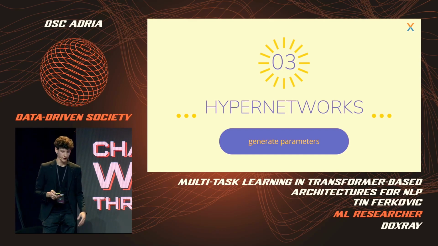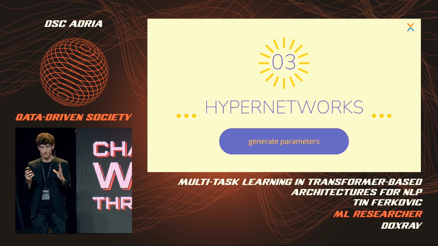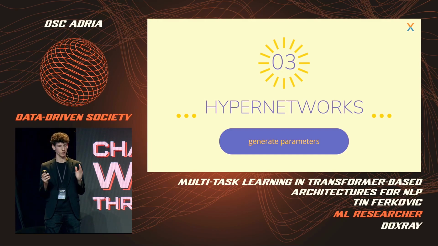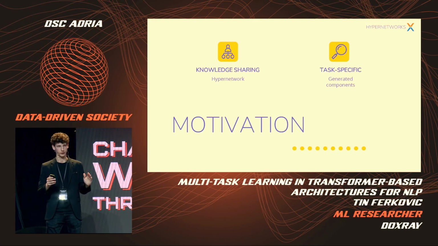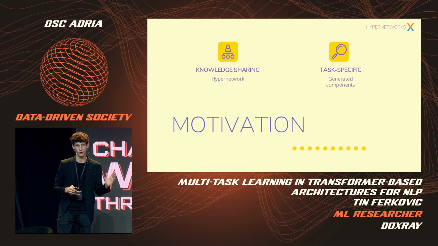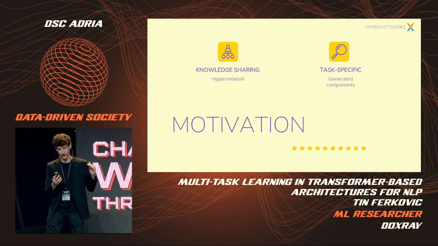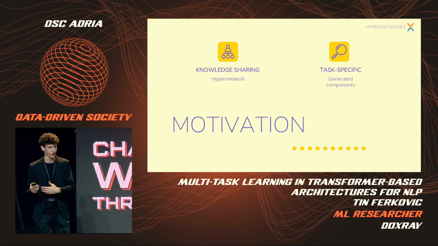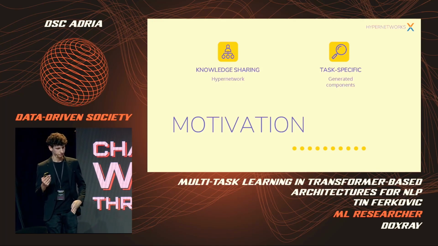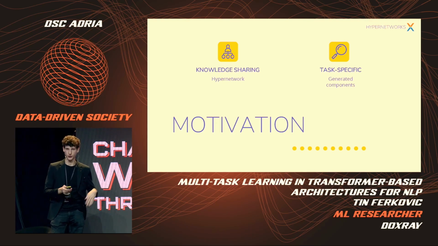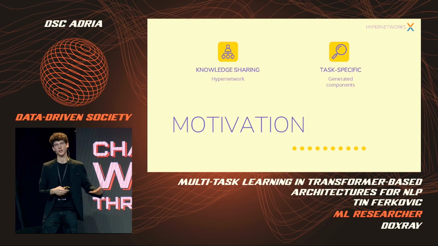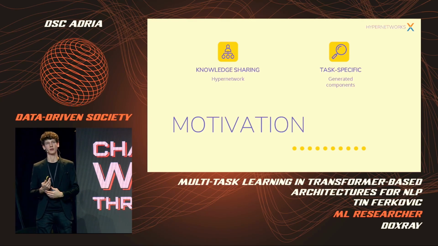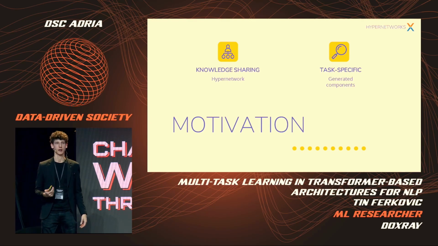And the idea is to have this hypernetwork, which will be shared, so the knowledge is shared, but also to have the task-specific components that are actually generated through this shared hypernetwork. And so you have the best of both worlds, like the shared encoder, you're sharing the weights, and like the adapter, you get task-specific components, but in a smarter way.